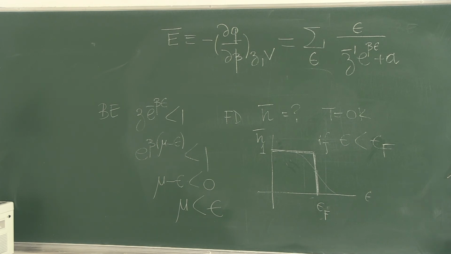If the ground state energy is 0, mu, the chemical potential, is always negative. It can only come close to 0. When it goes to 0, then you have Bose-Einstein condensation. Particles start occupying the ground state. They are getting collected into the ground state. This is also extremely important, the behavior of these particles.